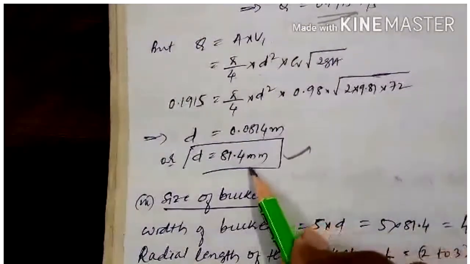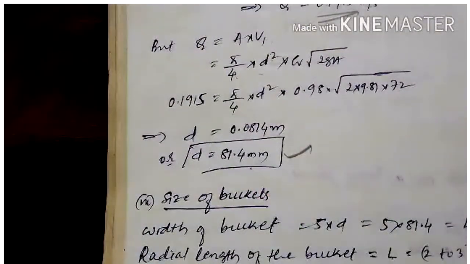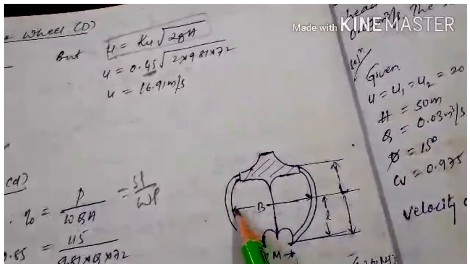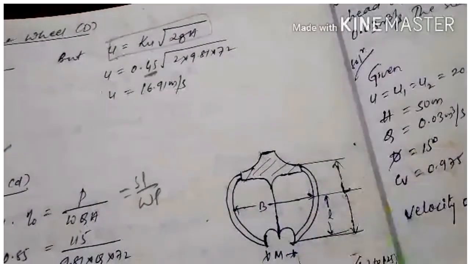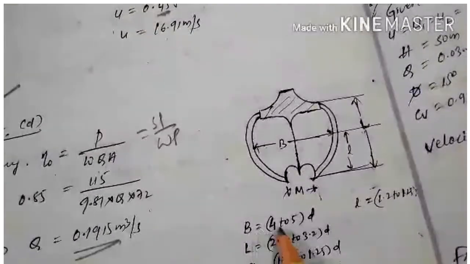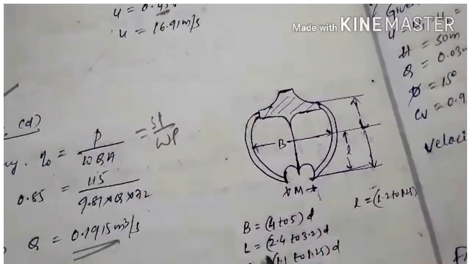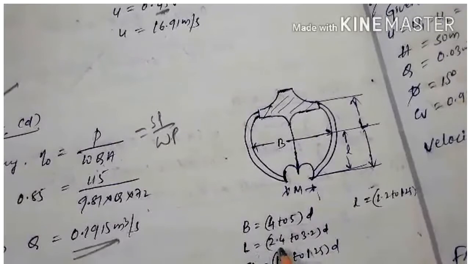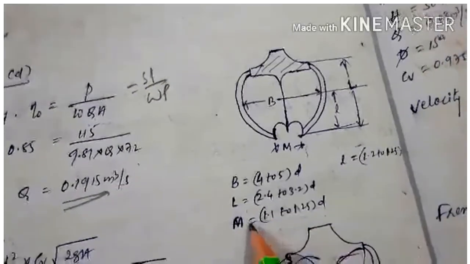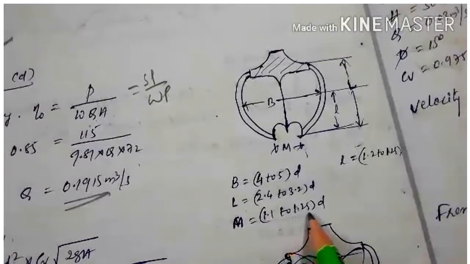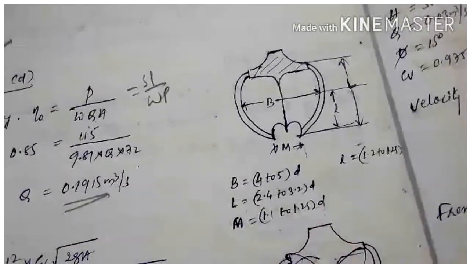Then once we get the diameter of the jet, the size of the buckets can be easily calculated. So size of the bucket means, as I said, that this is the bucket. We need to calculate the width of the bucket, then the groove length or radial length. The width of the bucket will be 4 to 5 times of d. And the radial length will be 2.4 to 3.2 times of d, and groove length will be 1.1 to 1.25 times of d.